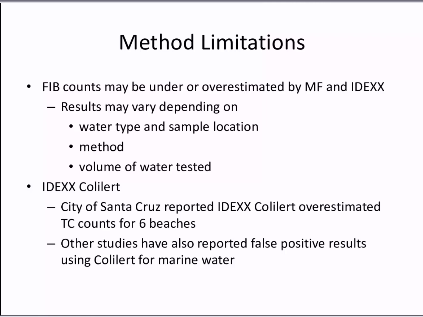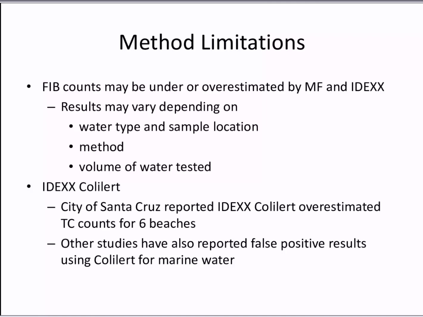Interestingly, there was a presentation done by the city of Santa Cruz at our Northern California Beach Water Quality Group meeting. They reported that IDEXX Colilert overestimated the total coliform counts for 6 beaches that were on the 303(d) list. And it turns out that the county of Santa Cruz was using the IDEXX Colilert method, and the city was using membrane filtration.